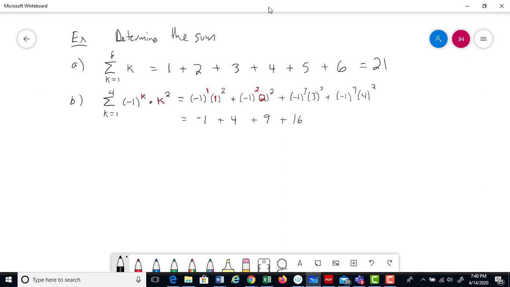This should have been minus. What this negative 1 to the k does is it makes the signs alternate: minus, plus, and so on. If it was minus 1 to the k plus 1, the first one would be plus and the next one would be minus. So when I add these together, this is going to be 3 plus 7, so this is 10.